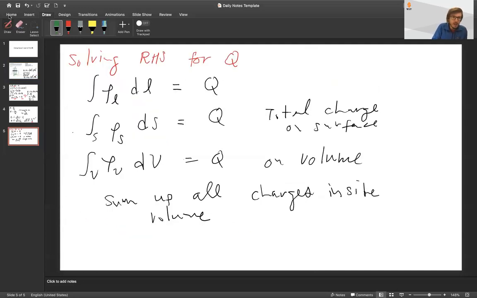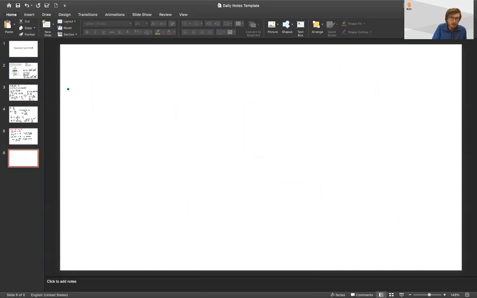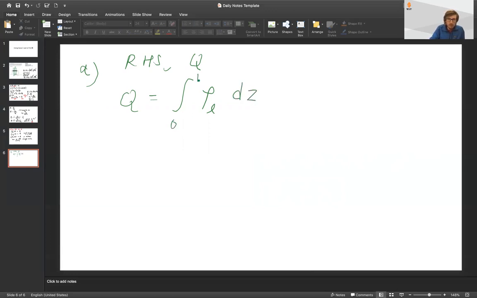So for part A, the right-hand side to find Q is going to be a line integral to sum up all of the charges along the line. The charges are on the z-axis from 0 to L.